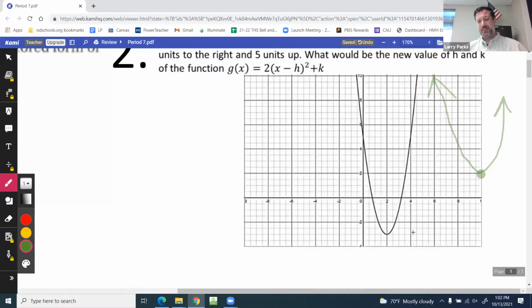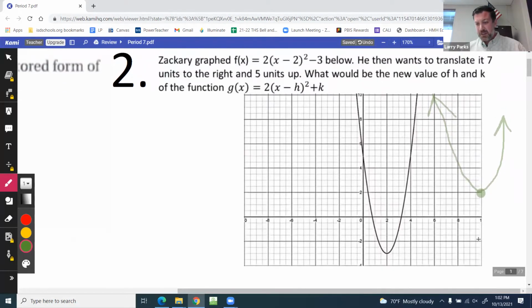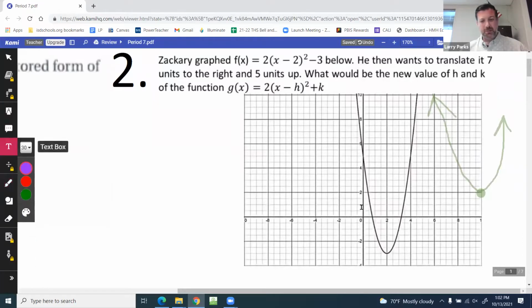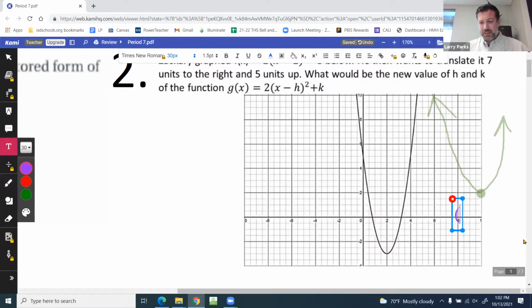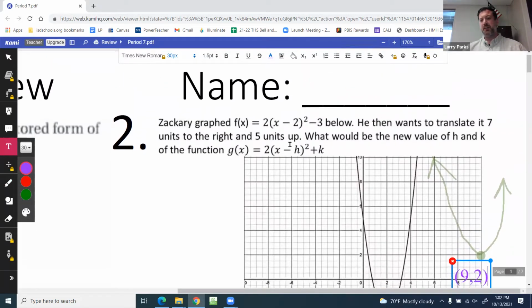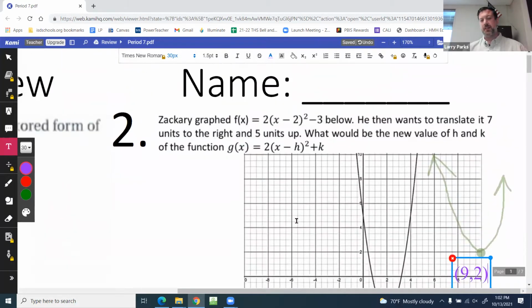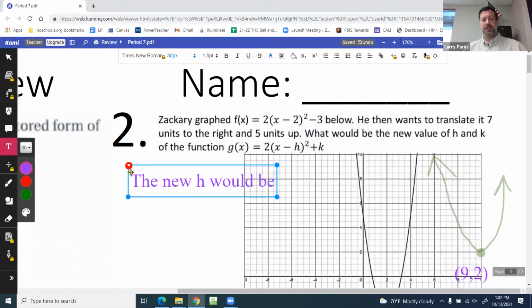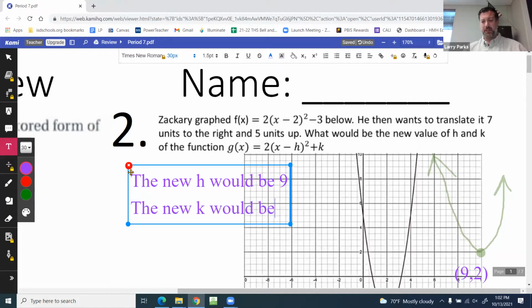But now, what would be the new value of h and k? I moved it 7 to the right, and I moved it 5 units up. Now, this vertex looks to be 9, 2. Okay, so the new h value would be 9, and the new k value would be 2.